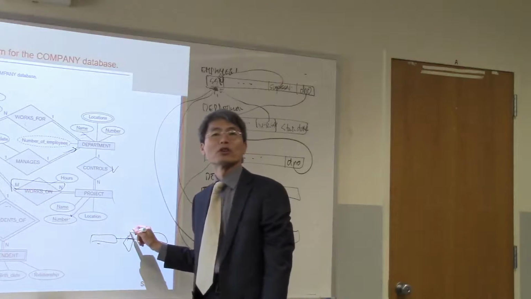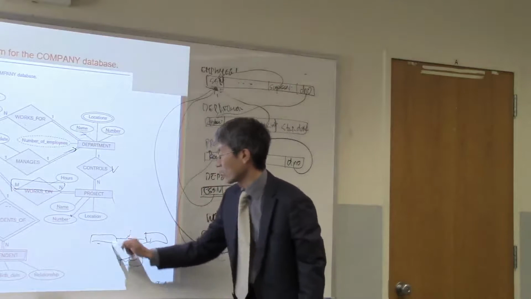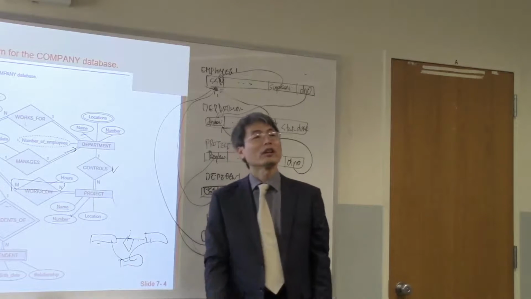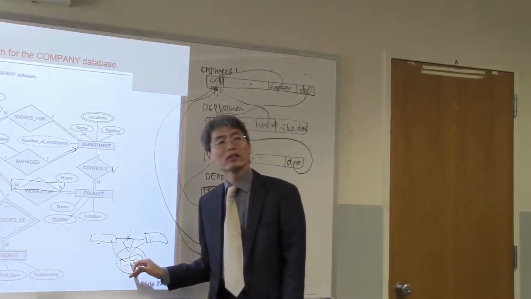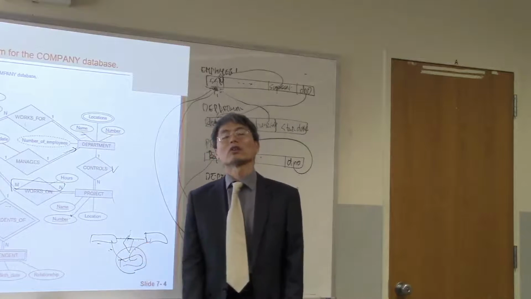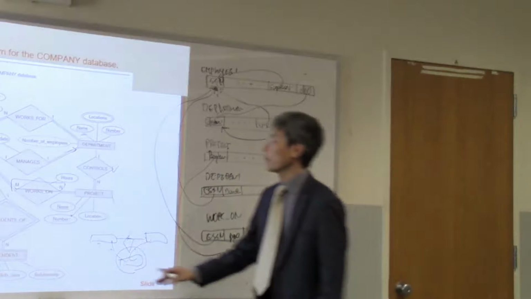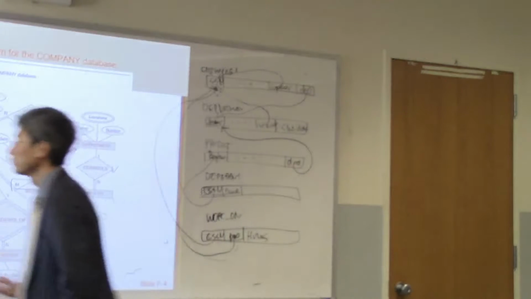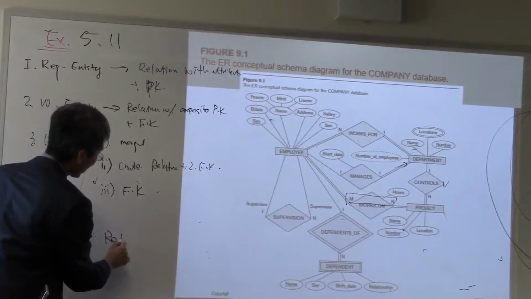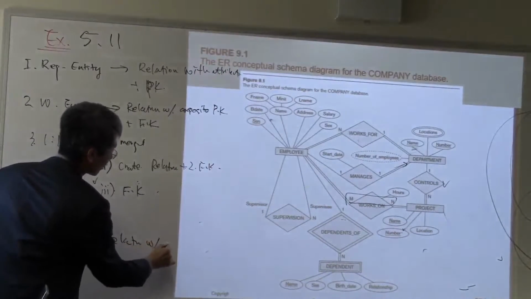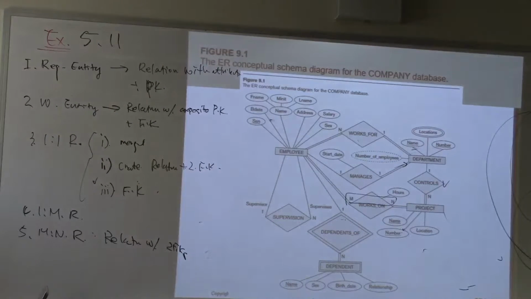Then you have the option whether you change it or not. Any many-to-many can be converted into one entity and two relationships because of this. So many-to-many relationship is a relation. Create the relation with two foreign keys. Okay, so those are the steps.